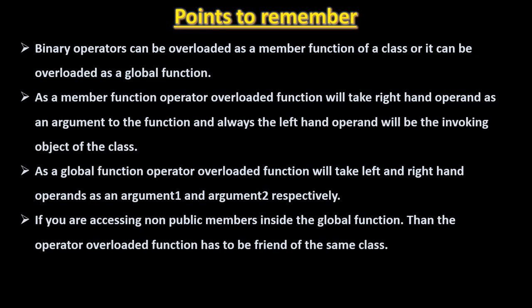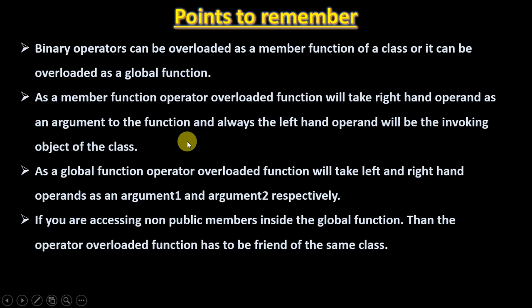Let me quickly summarize the points we have discussed till now. Binary operators can be overloaded as a member function of a class, or as a global function. As a member function, the operator overloaded function will take the right hand operand as an argument, and the left hand side operand will always be the invoking object of the class.